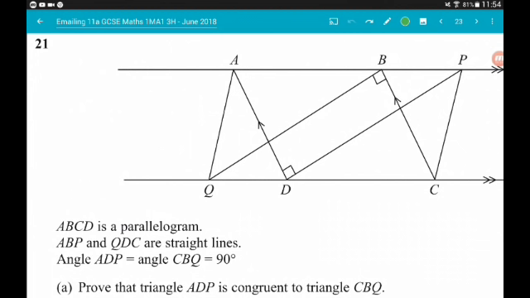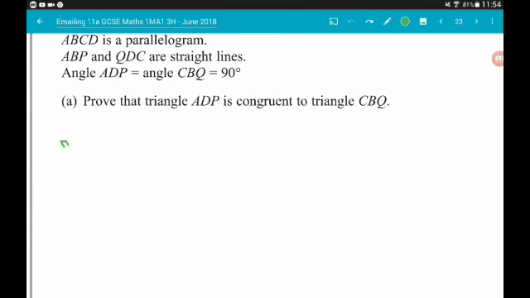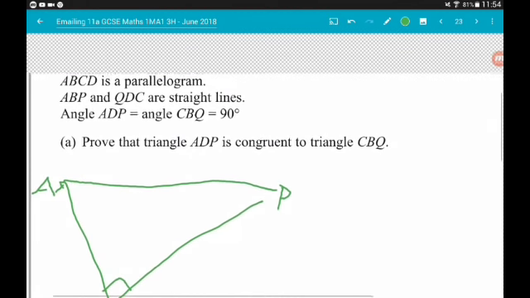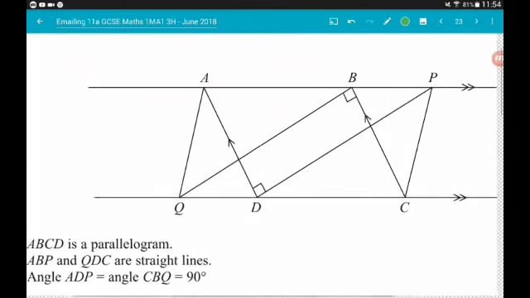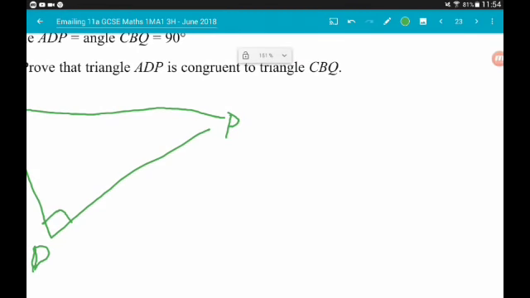So, first thing I'm going to do is make a little sketch of each triangle. So, ADP is that guy. And triangle CBQ is this guy.